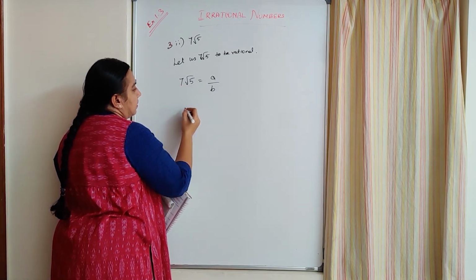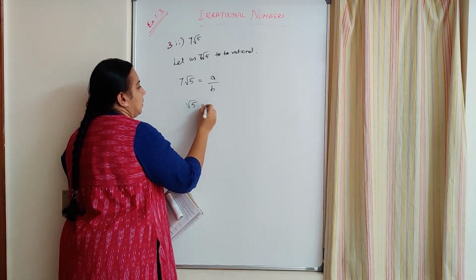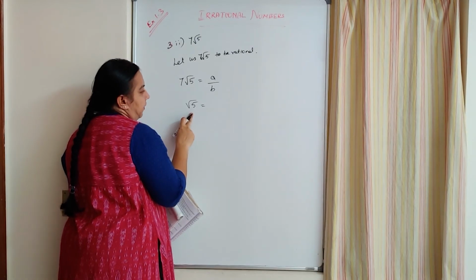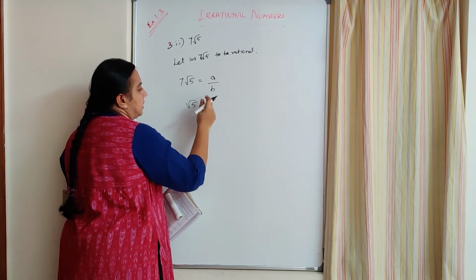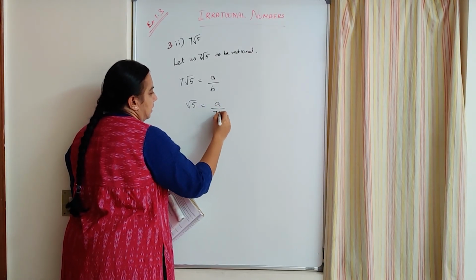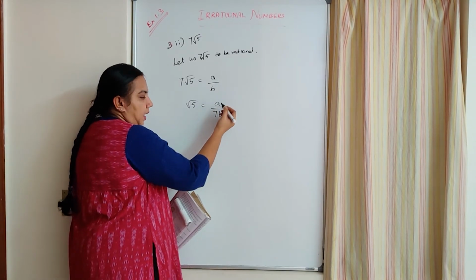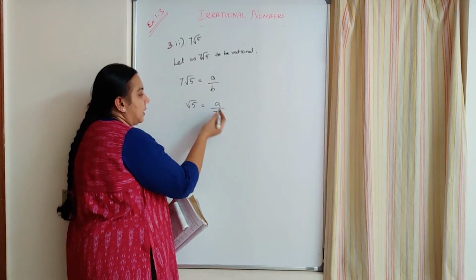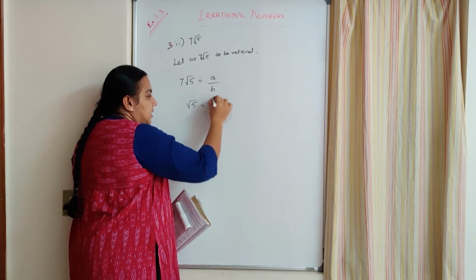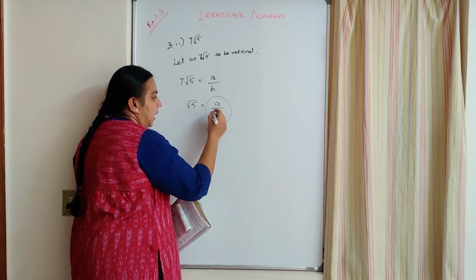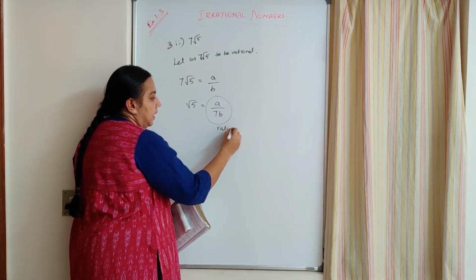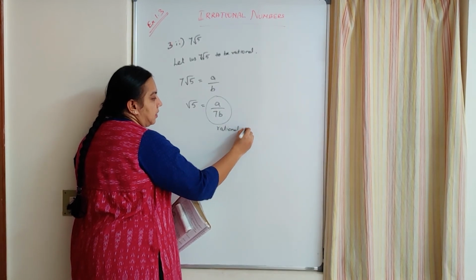I will leave square root of 5 alone on the left hand side and bring 7 to the right hand side. Again, 7 is an integer, A and B are proper integers, and so this is a rational number. This A by 7B is a rational expression.